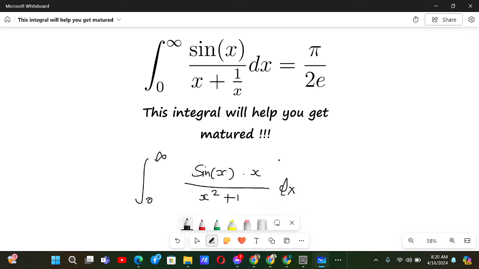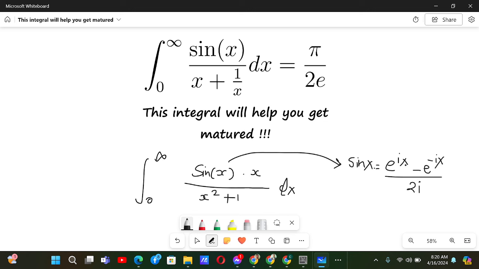Most of the time, if there's such an expression like 1 plus y, you can basically try to change sine x in terms of Euler's formula. That means e to the power ix minus e to the power minus ix by 2.